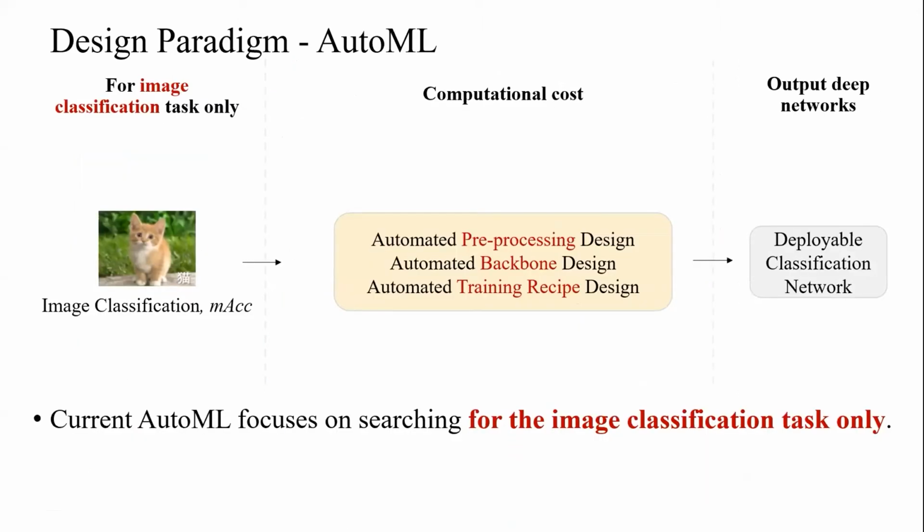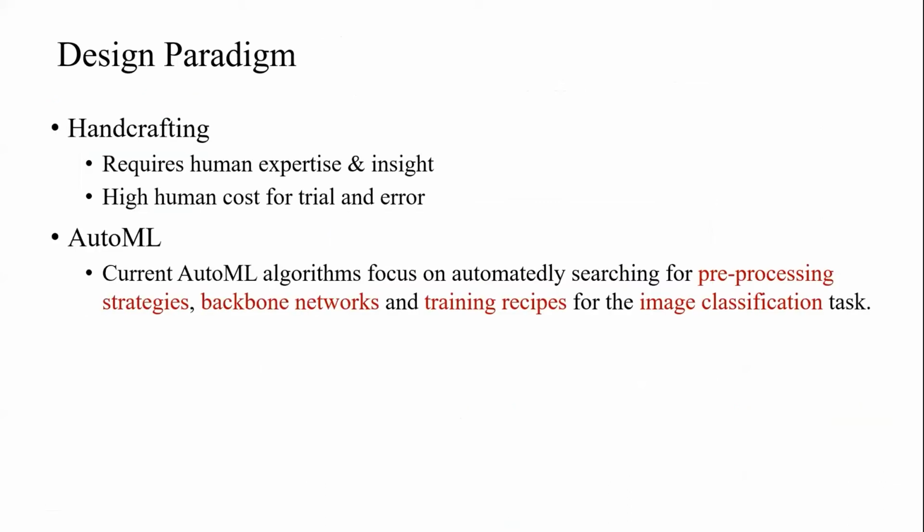On the contrary, AutoML uses automated search in place of manual design. Therefore, it trades computational cost for human cost. Meanwhile, current AutoML only focuses on searching for image classification tasks. Moreover, the components concerned in current AutoML works are mainly restricted to pre-processing, backbone network, and the training recipes.